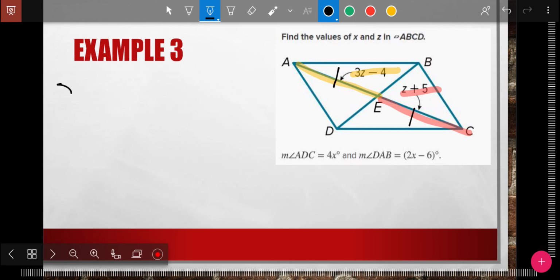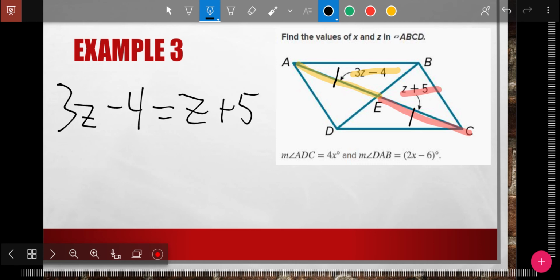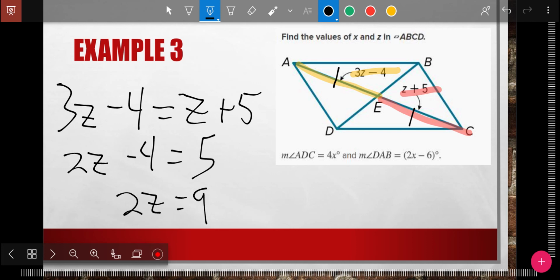And so I want to say 3z minus 4 is equal to z plus 5. I'm going to first move the smaller z, so I'm going to minus z from both sides. I get 2z minus 4 equals 5. I'm just solving it now, so I'm going to add 4 to both sides. I get 2z equals 9. I divide by 2 on both sides. I get z equals 4.5.